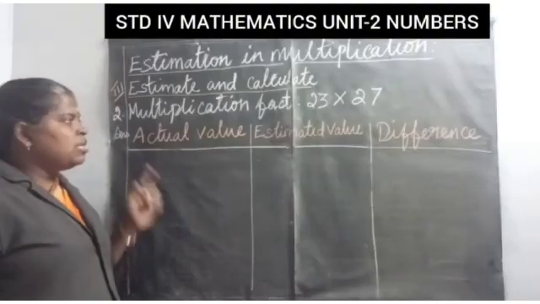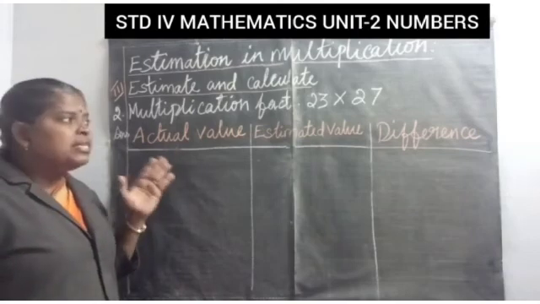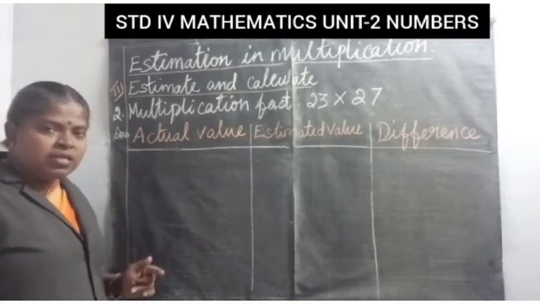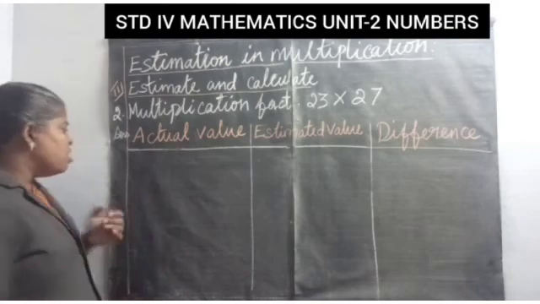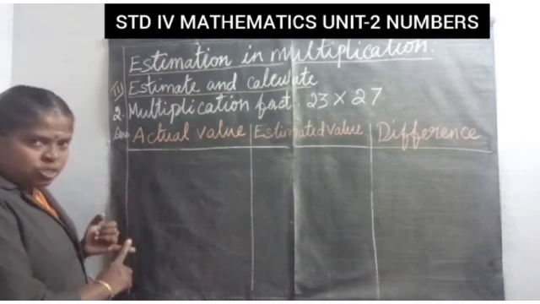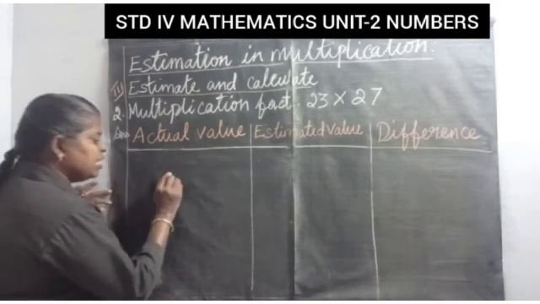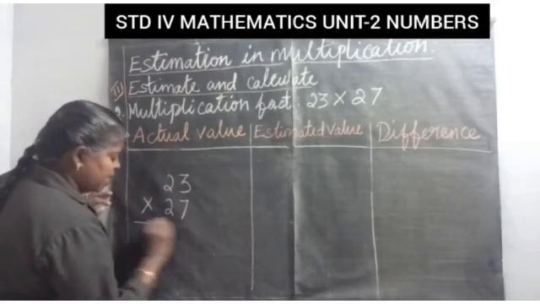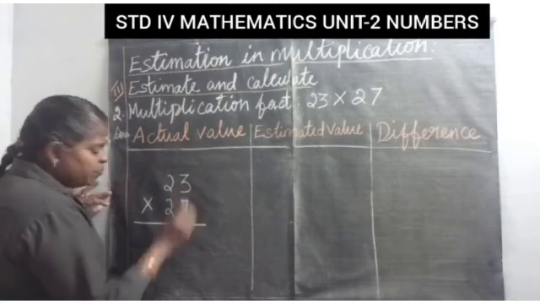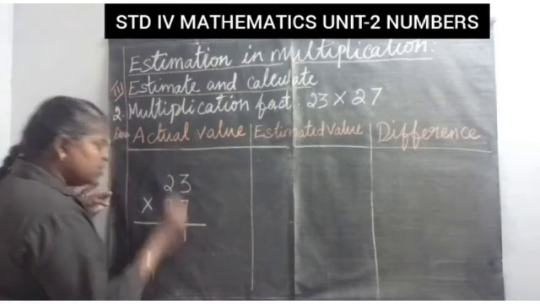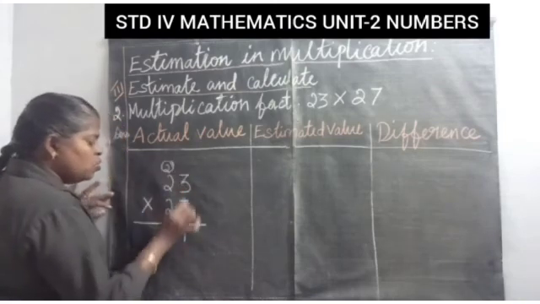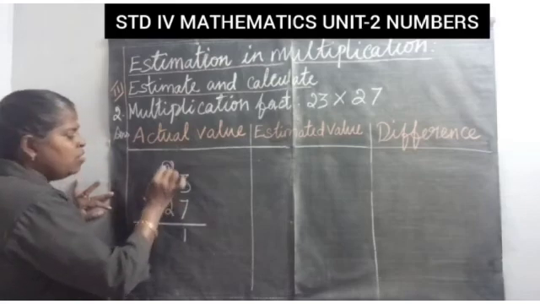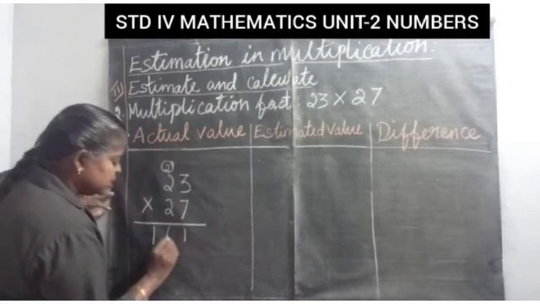Children, next question. The multiplication fact is 23 into 27. First, we have to calculate the actual value. 7 threes are 21, 1, carry over 2. 7 twos are 14. 14 plus 2 is 16.